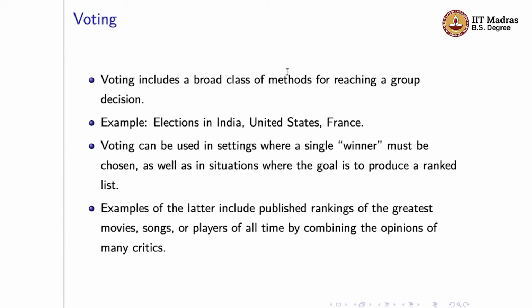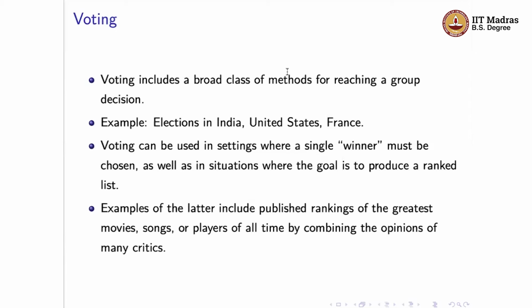Now, if you think about it in reality, there are actually very different classes of methods that are available for reaching this group decision, right? Just to give you some examples, considering elections to elect politicians in India, the United States, and France, there are different procedures that are followed, right? In the Indian system, for example, there are constituencies, right?